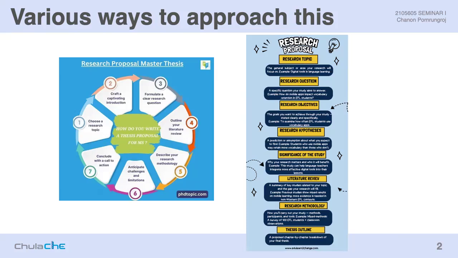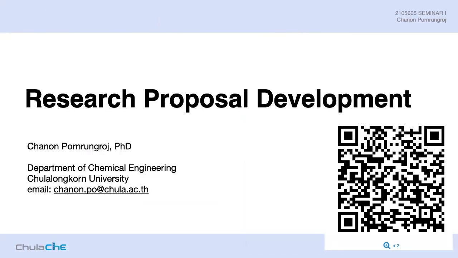Okay, so last time we talked about how we find the research gap. I think that's the most important part of your research journey. You have to find the gap that you want to pursue. And the most important is to know why, right?